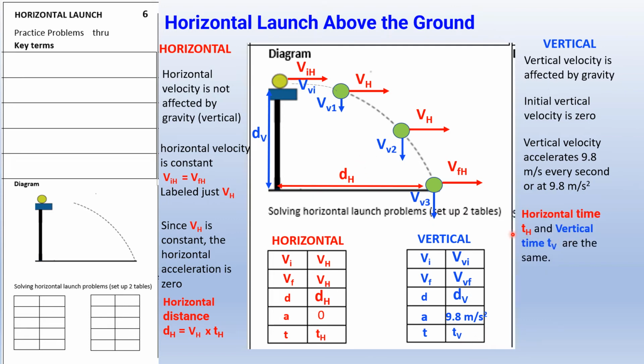Now, the horizontal time and the vertical time are the same because the components, horizontal and vertical, are together. For this reason, we can simplify the equation to use vertically because the initial velocity is 0, so DV is 4.9 TV squared.